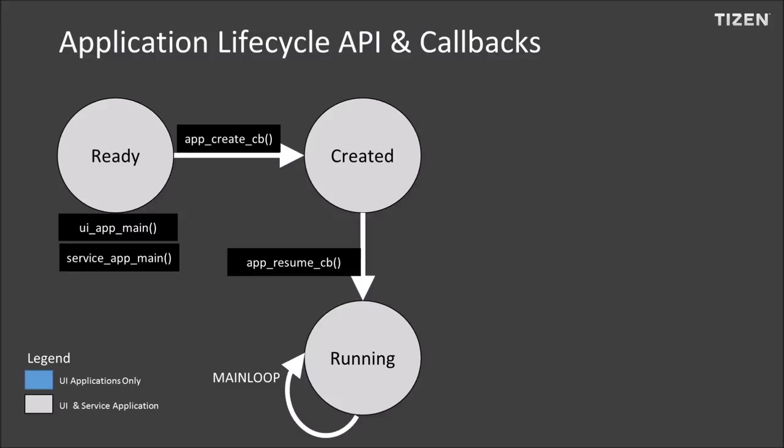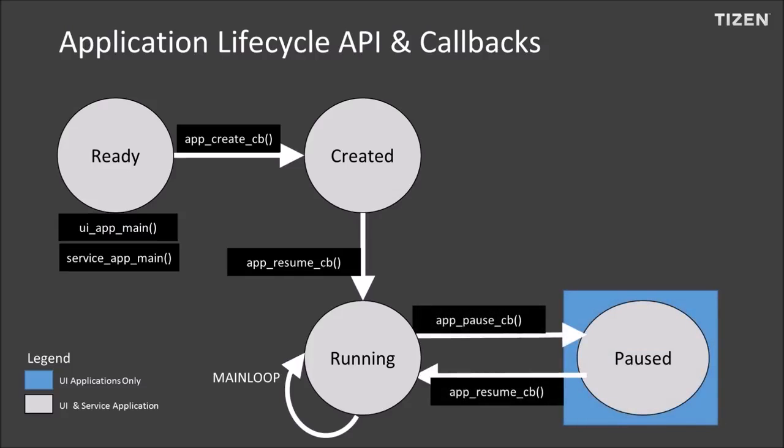In the case of UI applications, the app pause callback is invoked before the application can move into paused state. Application can release resources not currently used. An application in paused state can return to running state, and in this case, the app resume callback is invoked again.